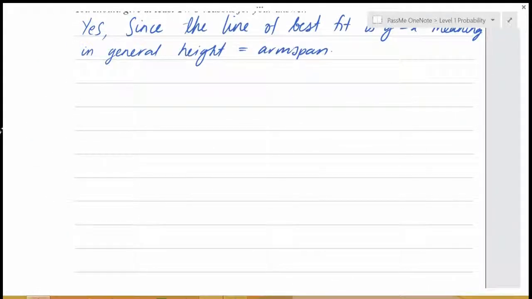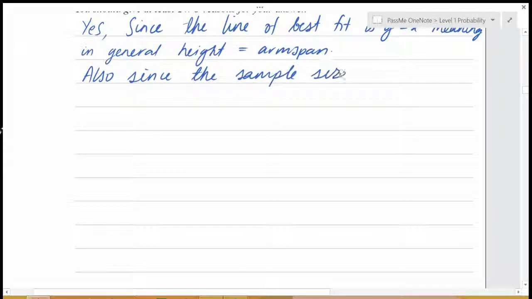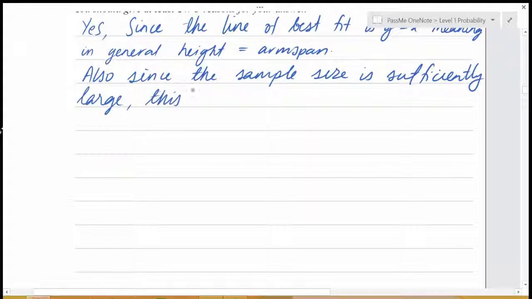It's more than 30, so we'll say also since the sample size is sufficiently large, this helps us make this inference, I guess. Okay, now there's nothing to stop you from doing a few more reasons.